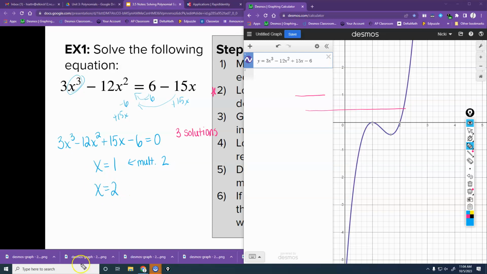And that has a multiplicity of 2 because it just bounces off the x-axis. And that is 3 solutions. Even though it only looks like 2, it is what we would call 2 distinct solutions. There's only 2 different places where it crosses the x-axis, but one of those is a double root. So it's actually 3 as far as solving it goes.